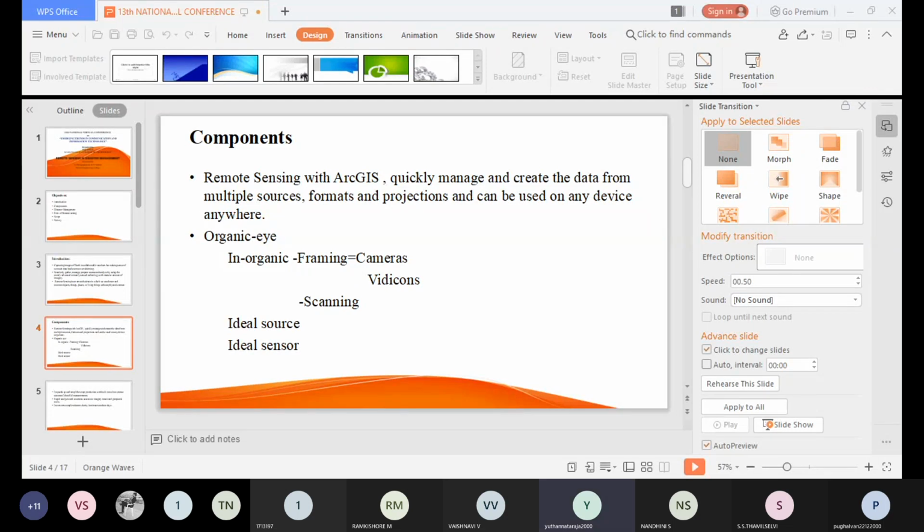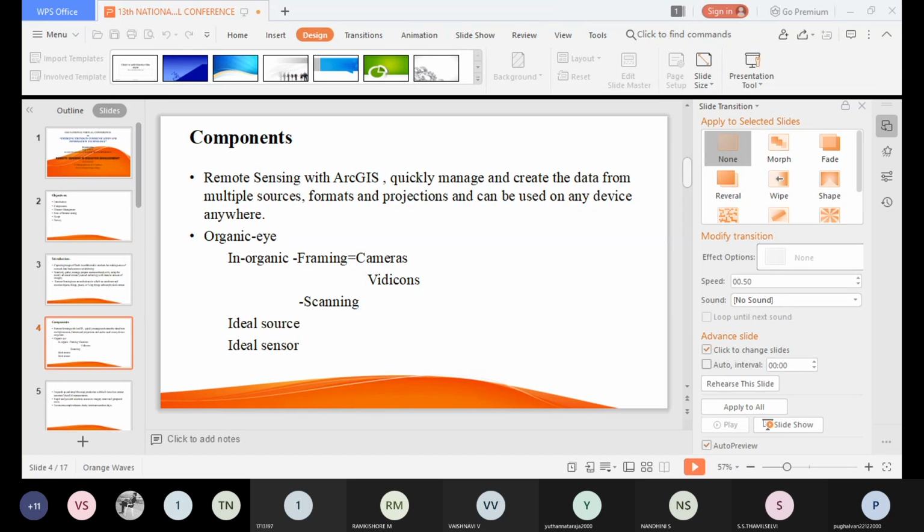Like that, remote sensing sensors are also available which have more resolution, so we can get high information about the Earth. Another one is the ideal source.